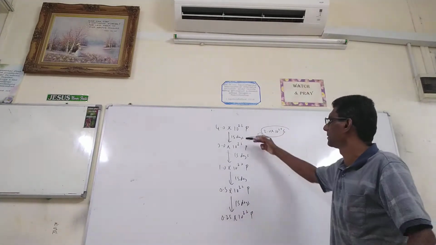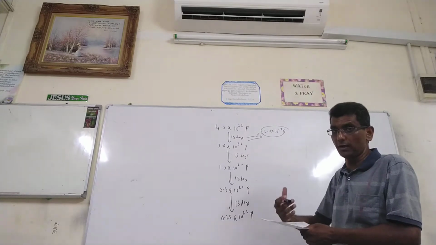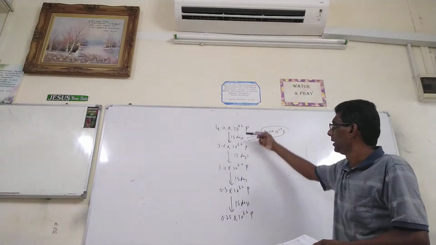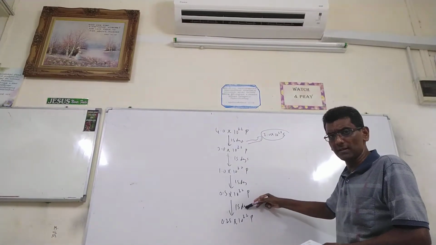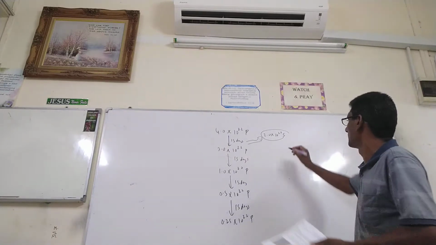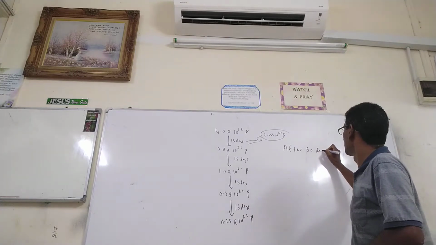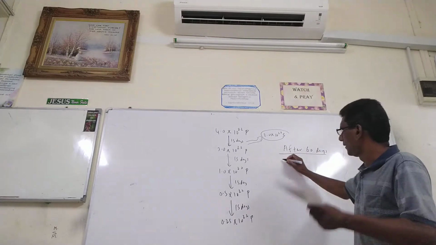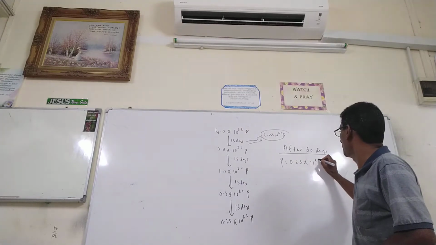So 60 days. They ask, after 60 days, what is the amount of sulfur and phosphorus? Okay, 15 days, 15 days, 15 days, 15 days. After 60 days, the remaining phosphorus is 0.25 times 10 power 22.